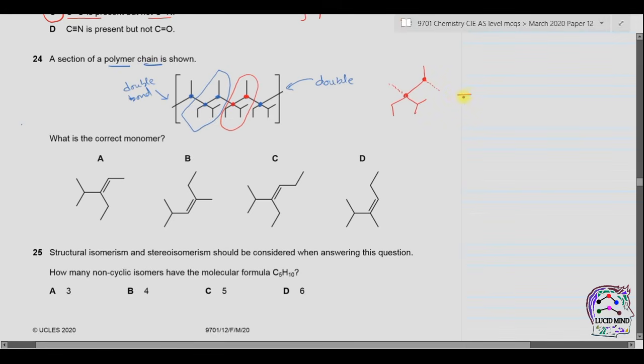So in order to make a monomer, we have to make a double bond. Now this is the repeat unit and this one is the monomer.